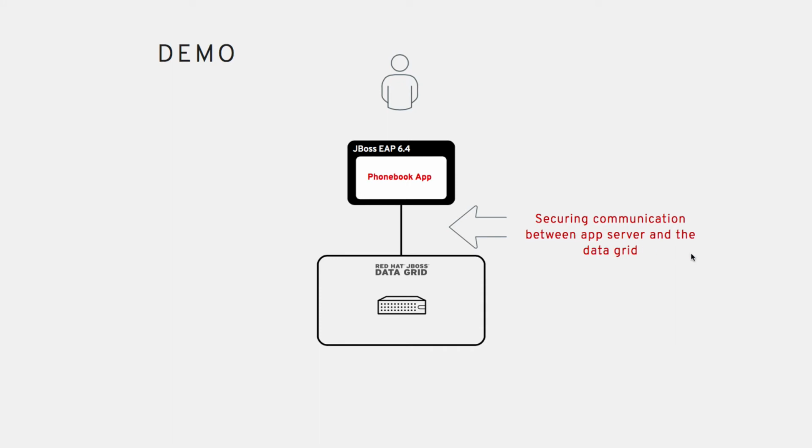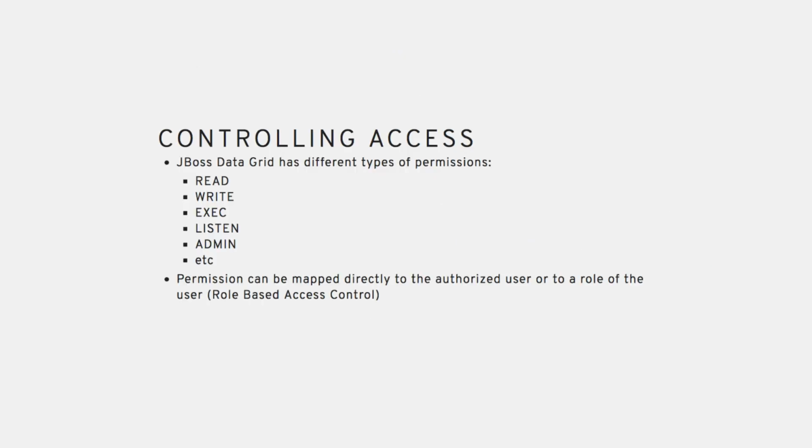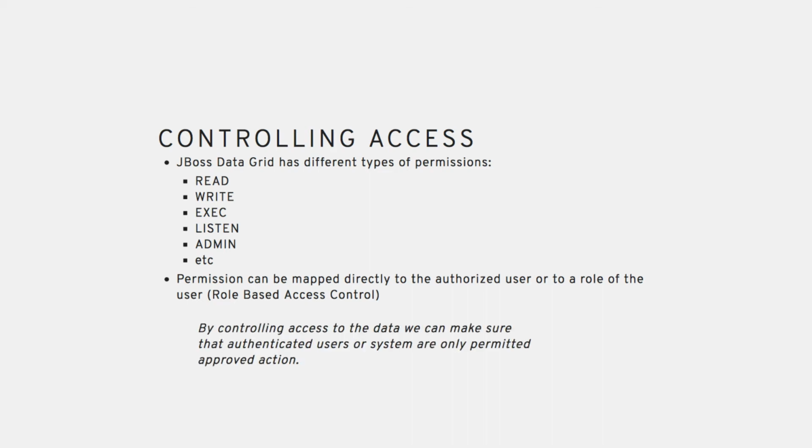Now you've seen how we can secure the endpoints and the communication between the client and the server. Moving forward, the next step would be to control the access to the data grid. So JBoss Data Grid has different types of permissions like read, write, execute, listen, and admin, etc. And permissions can be mapped directly to an authorized user or to a role of the user, what we call role-based access control.